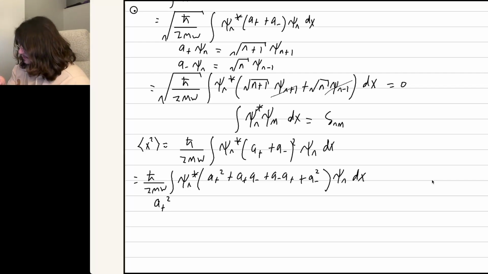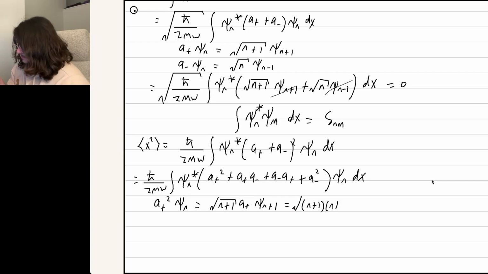So a plus on psi n is given by root n plus 1 times a plus on psi n plus 1, which is going to be the square root of n plus 1 times n plus 2 psi n plus 2.